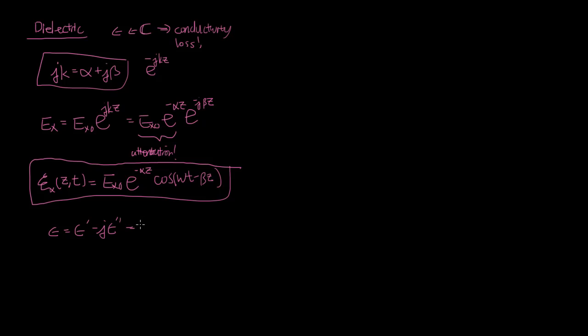Another notation that you'll see is if we write it in terms of the relative permittivity: a real relative permittivity minus j imaginary relative permittivity. If we plug this into our expressions for alpha and beta and also eta and k, we end up with the exact forms of key parameters.